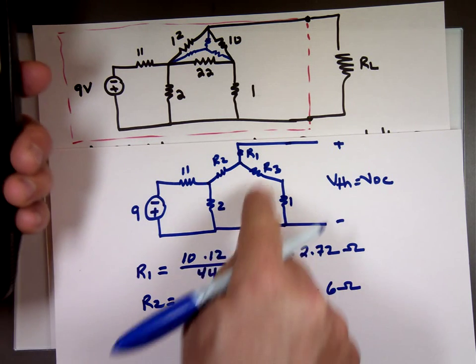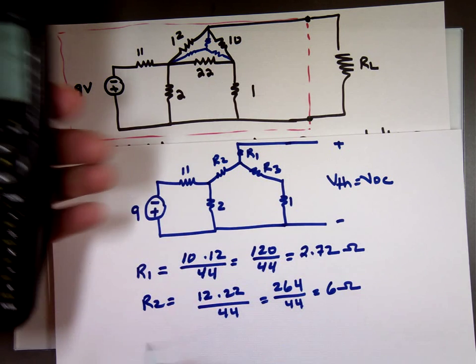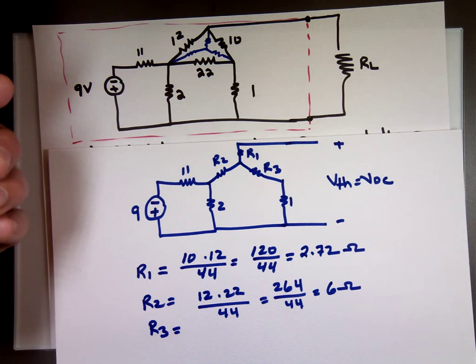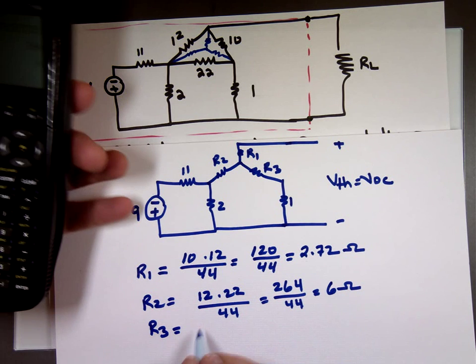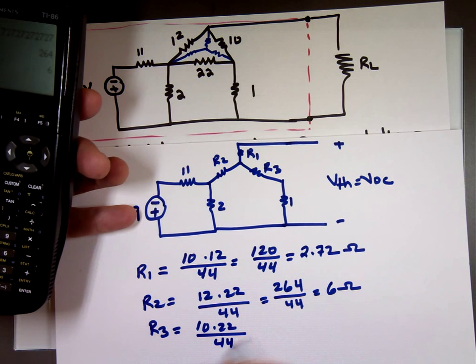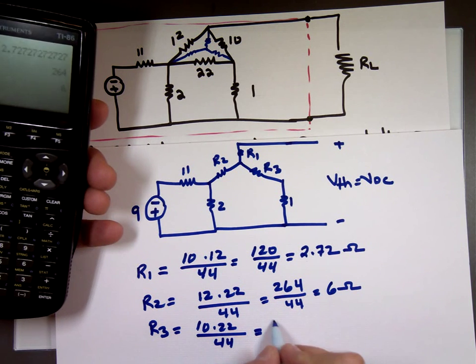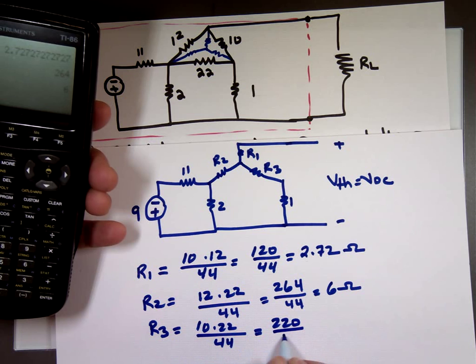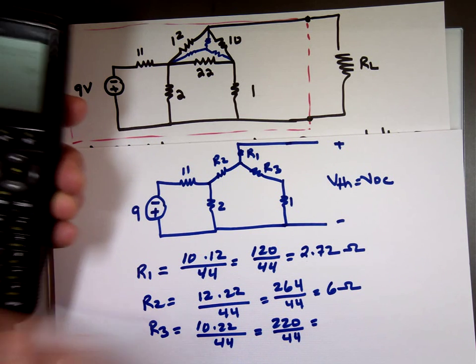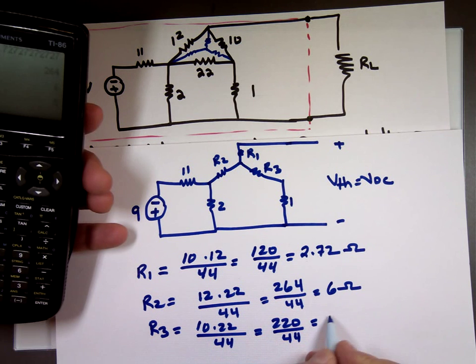And I have to find R sub 3, which is that resistor. It's going to be 10 times 22 over 44. 220 over 44. And that's 5.